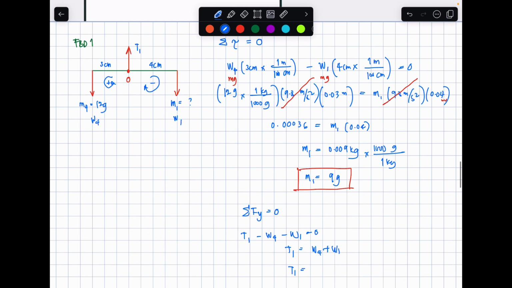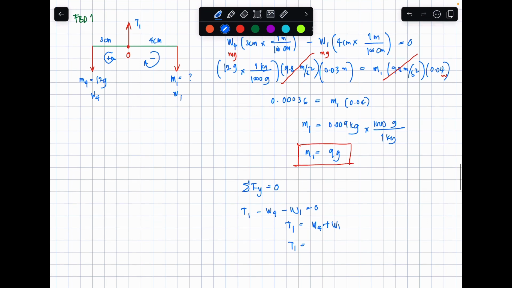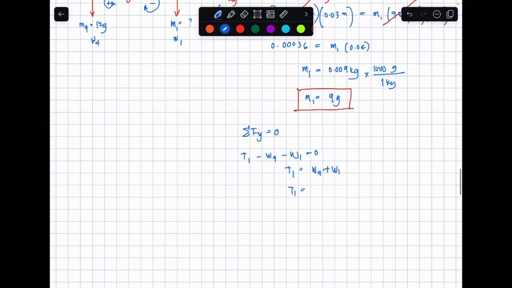So W4 in that case would just be 12 times 9.8, and then plus the weight, which is 9 times 9.8.